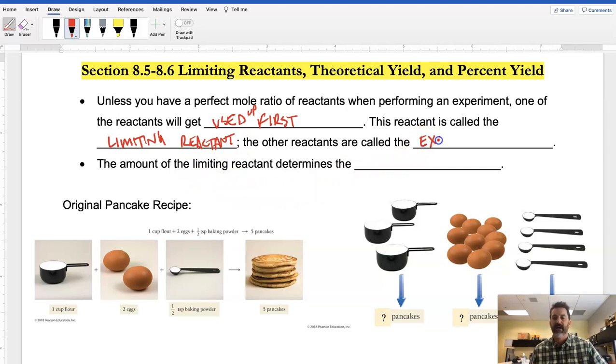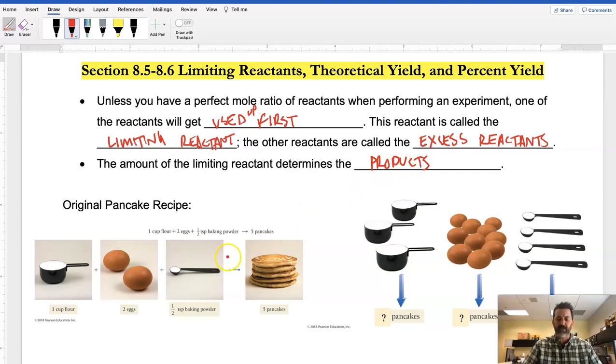The one that is not going to get used up, where we're going to have some stuff left over, is going to be our excess reactant. Now, the amount of limiting reactant is important because it determines how much product we actually make. That's the important part.